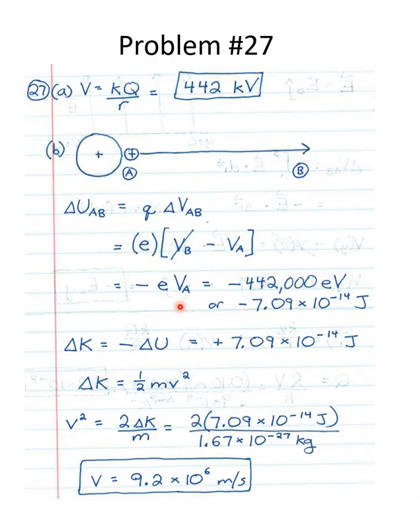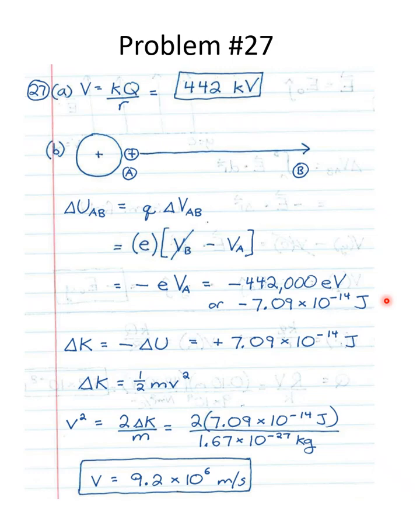And we already know the potential at A. We got that up in part A, 442,000 volts. So negative e times that is negative 442,000 electron volts. Let's convert that to joules, and we get negative 7.09 times 10 to the negative 14 joules. Now, what we've figured out so far is the change in potential energy.